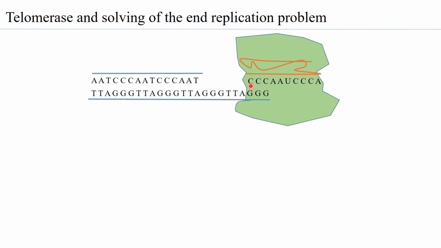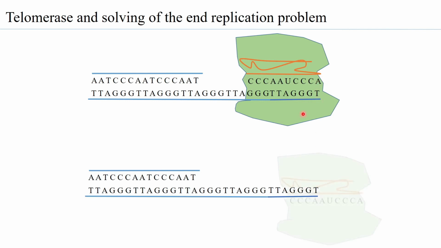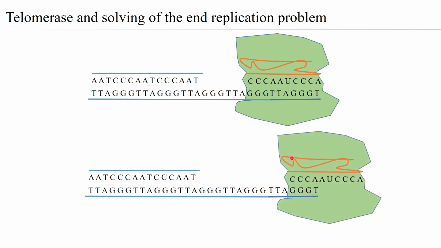So before that you have a CCC that can bind to the GGG of the tandem repeat, and on binding to the GGG of the tandem repeat, and this acting as a template, you would have the telomerase synthesizing the DNA. So you have TTA-GGG formed, and this becomes again an overhang for the telomerase to come and bind. So you can see earlier it was bound here, now it is bound over here, and now it is going to add another repeat.